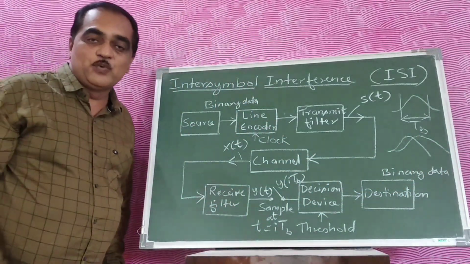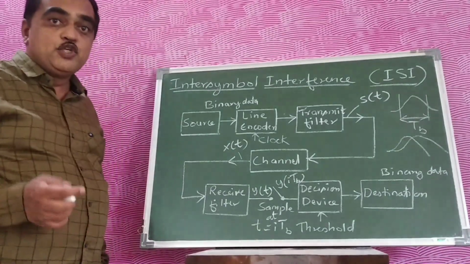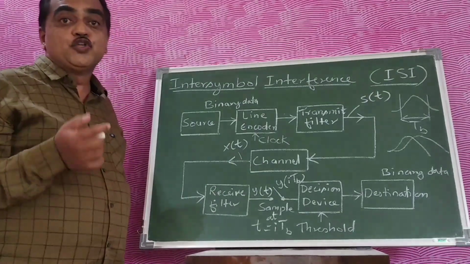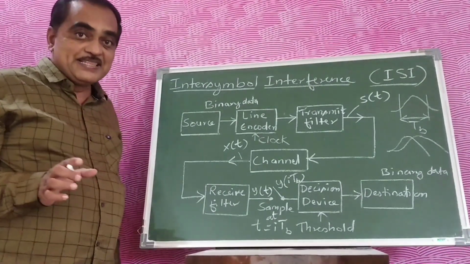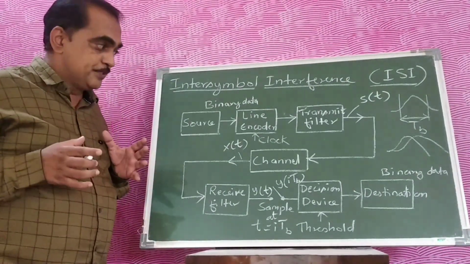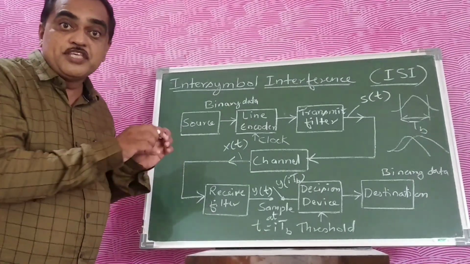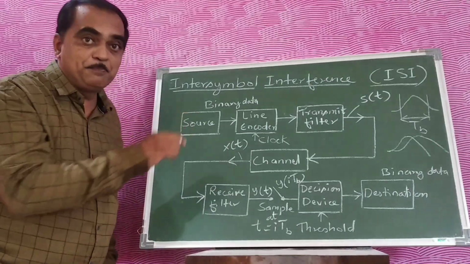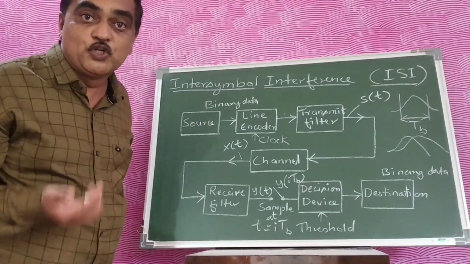And in that case, when the overlapping takes place, you cannot decode the bit at the end whether it was logic 1 or logic 0. That means there is some effect from the other bits on this particular bit to decode it properly. Decoding means from that pulse I want to see whether it was logic 1 or logic 0.